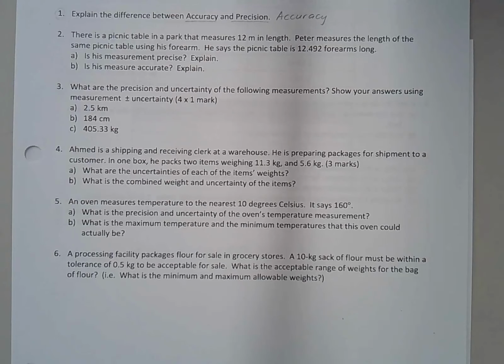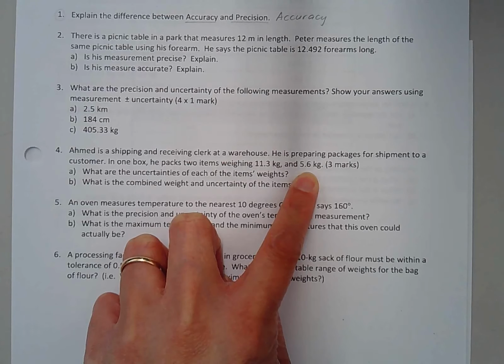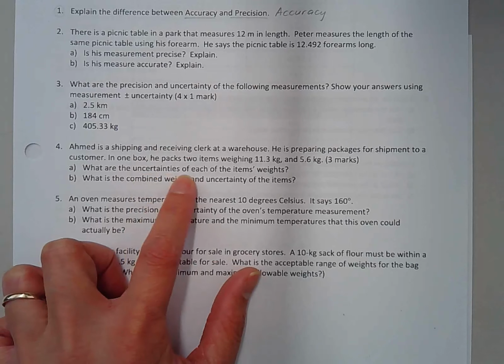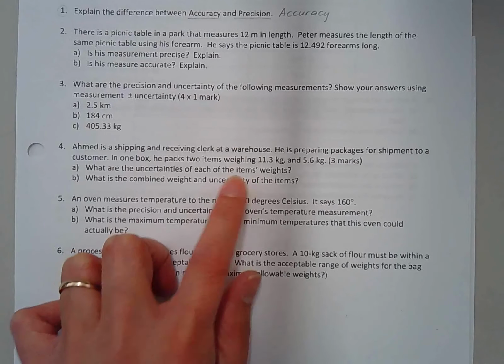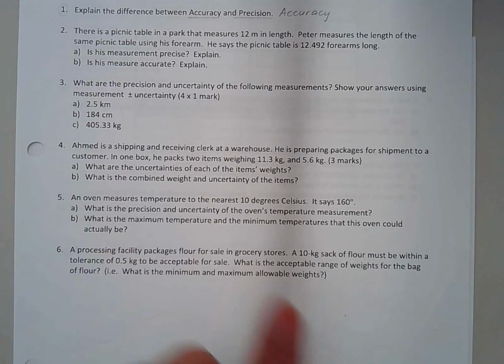It says Ahmed is a shipping and receiving clerk at the warehouse. He is preparing boxes for shipment to a customer. In one box, he packs 2 items weighing 11.3 kilogram and 5.6 kilogram. What are the uncertainties of each of the items? And then what is the combined weight and uncertainty of the items?